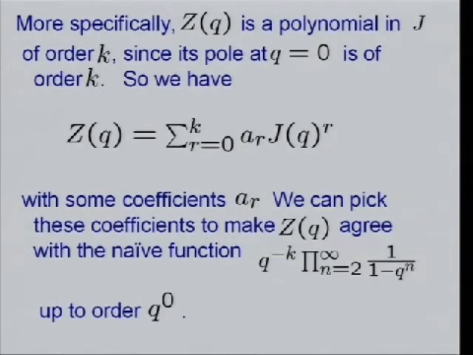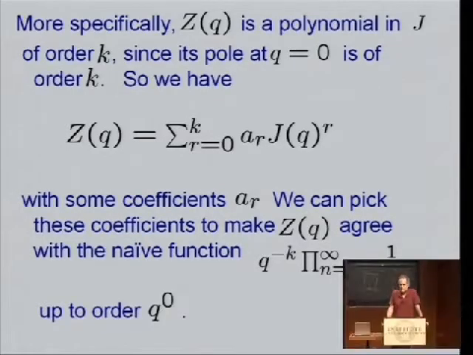So it's determined by k plus 1 coefficients a sub r. It can be written like this. And we can solve for all the energy levels if we're given k plus 1 numbers a sub r. I told you that holomorphic factorization was a drastic simplification, and here it is. We can find all the energy levels and multiplicities in terms of k plus 1 unknown numbers.